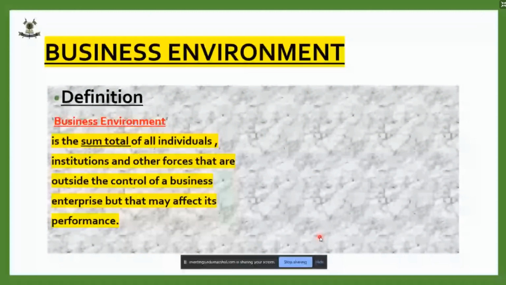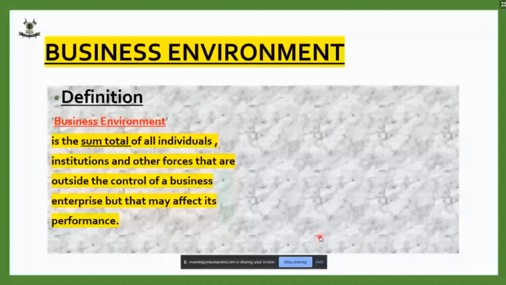Can you see this word, the sum total of what? Individuals, institutions, and forces. By forces, we mean all the specific and general forces that are outside the control of a business enterprise that may affect the performance of the enterprise, and these will be termed its business environment.